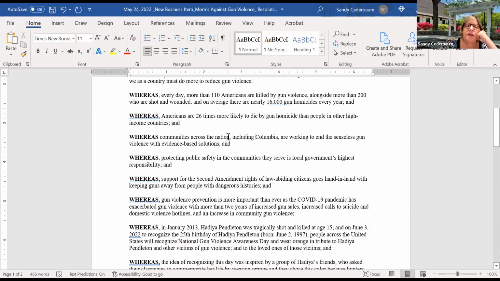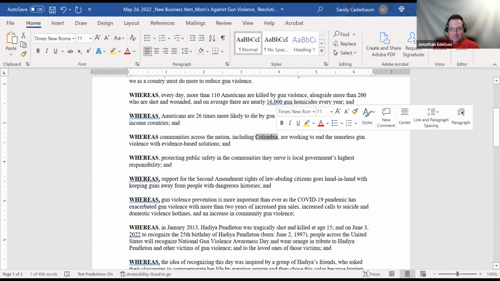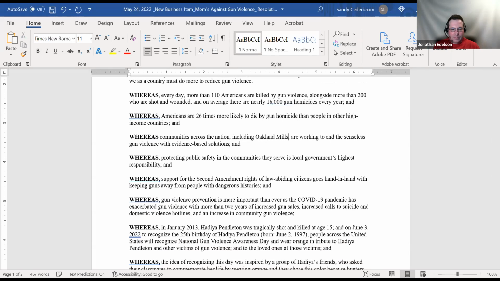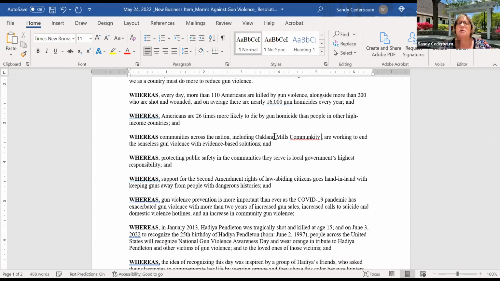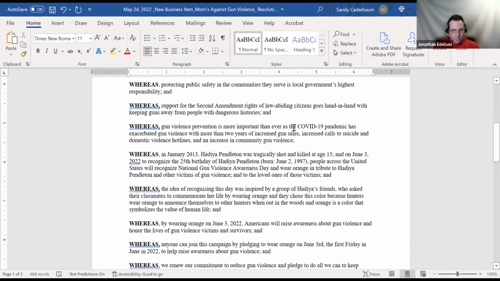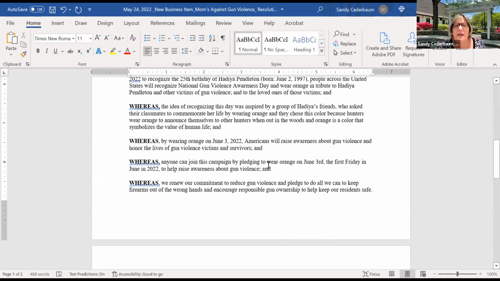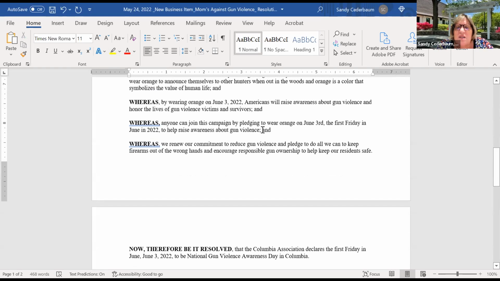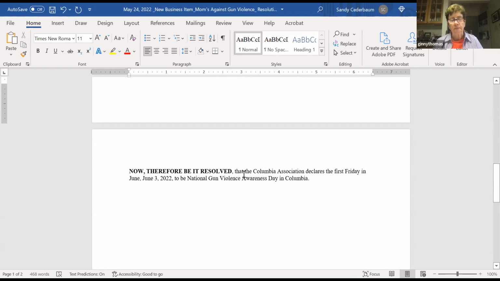Whereas the nation, including Oakland Mills communities, yes. Village Association, Community Association. No, I think we can just say Oakland or Oakland Mills Village. And then at the very end, you want it, yeah, here.